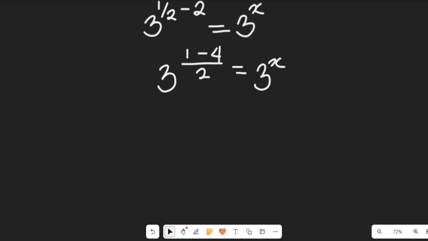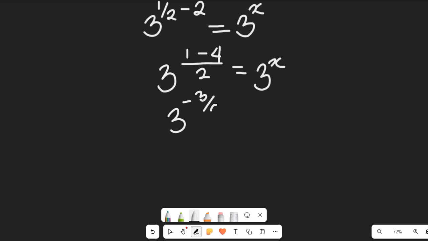Now, what do we do here? We're going to have 3 to the power of negative 1 minus 3 is negative 3 divided by 2, and this will be equal to 3 to the power of x.